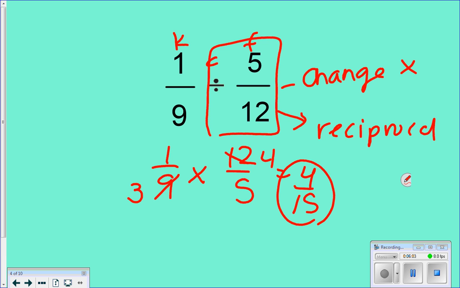But you have to remember to change the sign to multiplication and flip the second one. It's kind of like when you add negative numbers and subtract negative numbers, you only change subtraction. Same thing here, you only change division. Because our goal is to make it so it's multiplication every time.